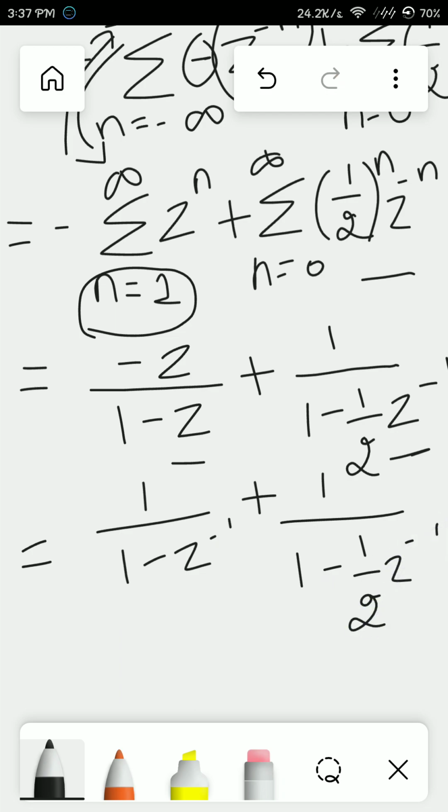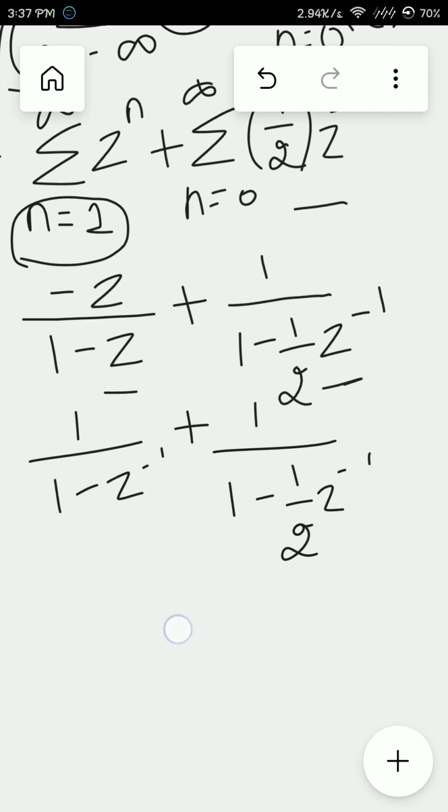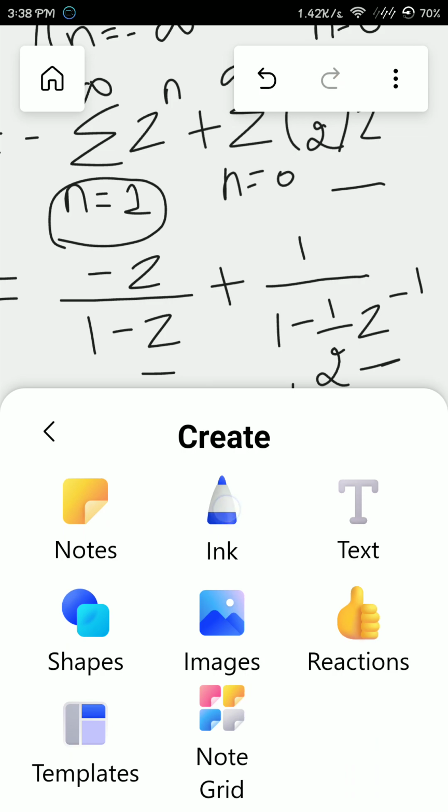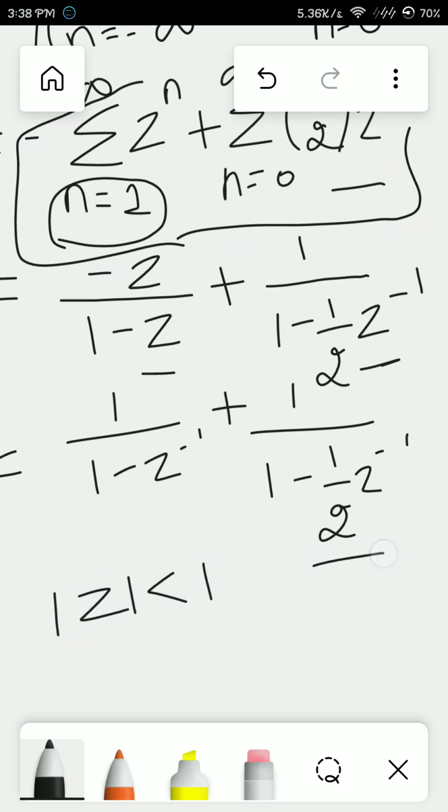So now for my term to convert, I need the term to be lesser than 1, right? So if I consider this equation, you can see that for the ROC, modulus of z is lesser than 1 you are getting, and for this term, I'm sorry, this is not modulus of z, this is modulus of 1 by 2 z inverse, which is lesser than 1.